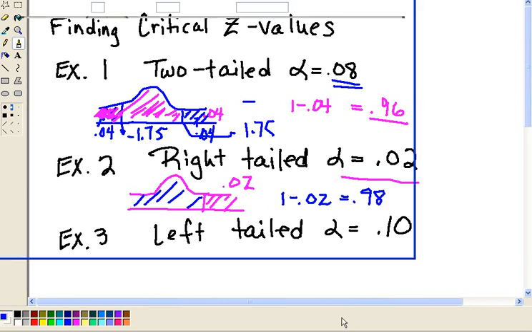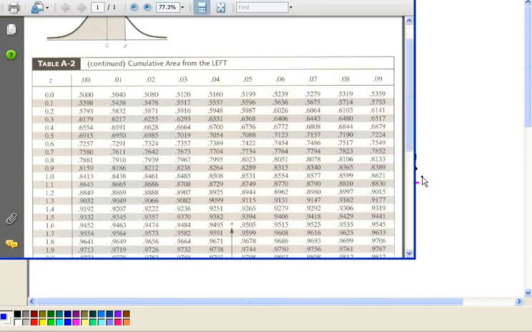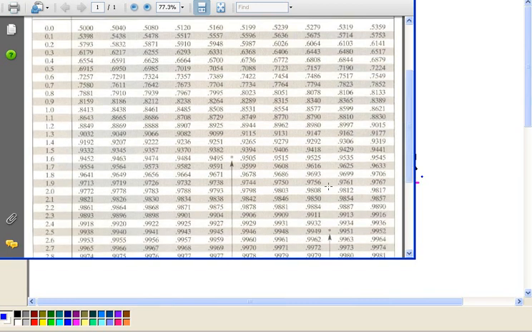So I go to my table and look for a 0.98 in the body part. I find a 0.9803. It's somewhere right between these two. We look to the left.